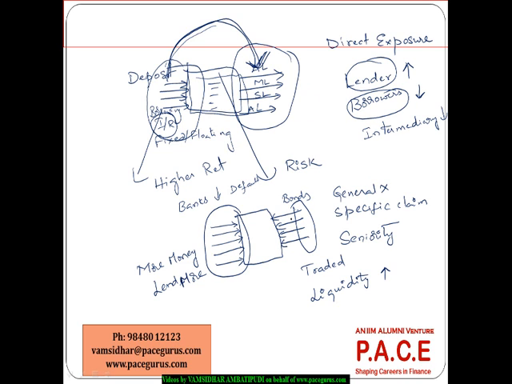And these bonds can be structured. Probably the SPV could structure the bonds depending on different maturities, different coupon payments, and different priority in terms of the payment. It could very well be structured to suit the investment needs of different kinds of investors.